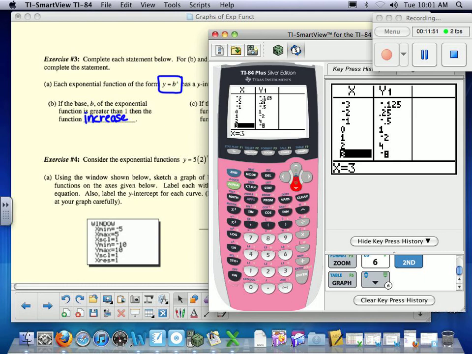Why do we have positives and negatives bouncing all over the place? How come that is fluctuating so much like that? What did we raise to the power? X is our power. What's our base? -2.